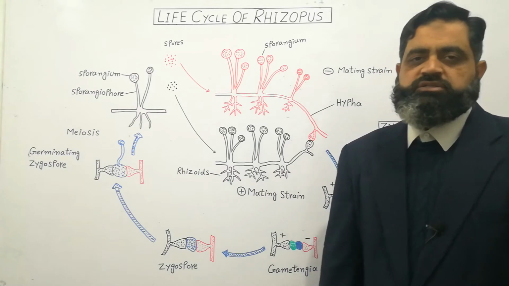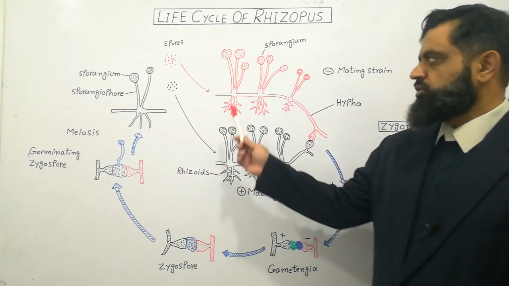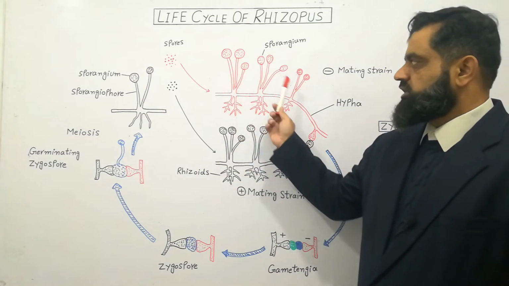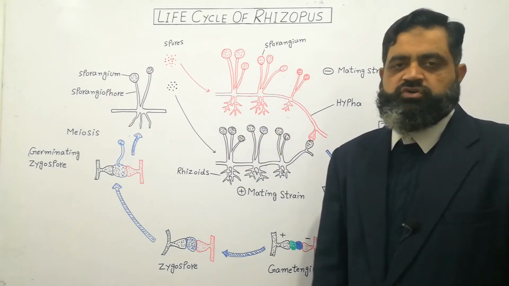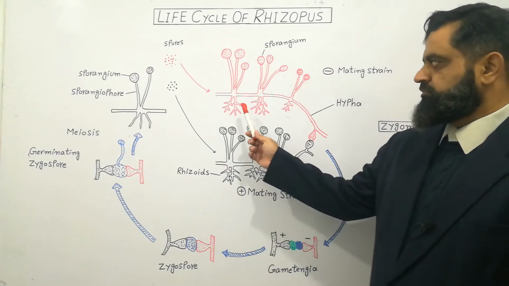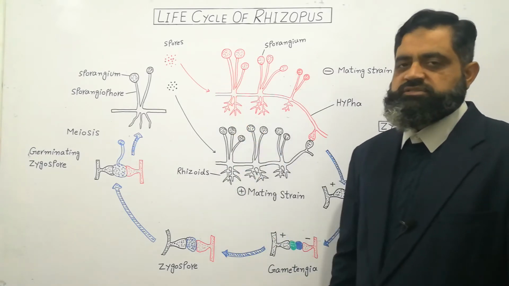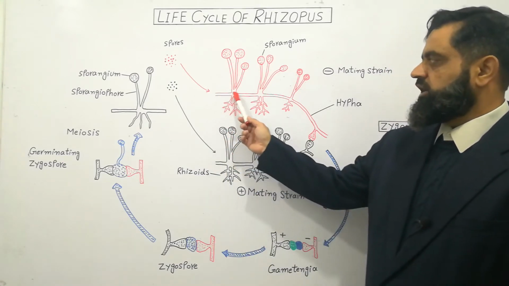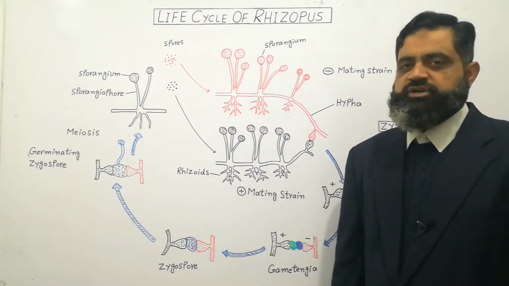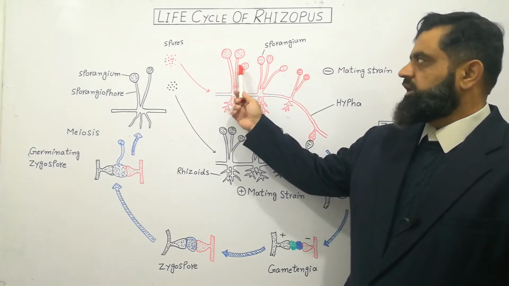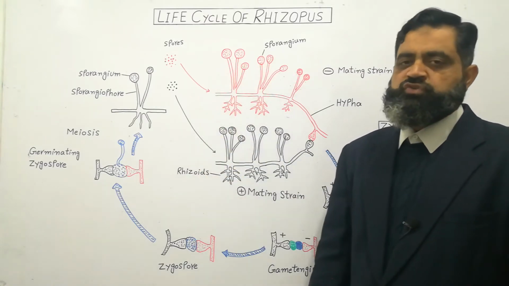If we look at the structure of Rhizopus, it contains three different types of hyphae. The plant body is known as mycelium, which consists of hyphae, which are filamentous thread-like structures. The hyphae which penetrate the substratum are known as rhizoids, while hyphae lying on the surface of the substratum are horizontal, while the third type of hyphae grow upward and are known as sporangiophores.